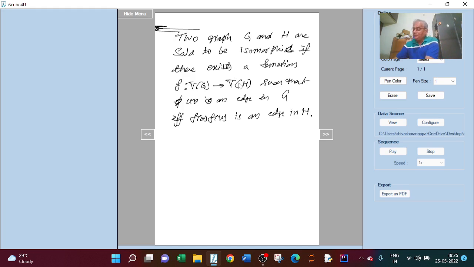For example, show that G, I take a graph, and H, another graph, are isomorphic.